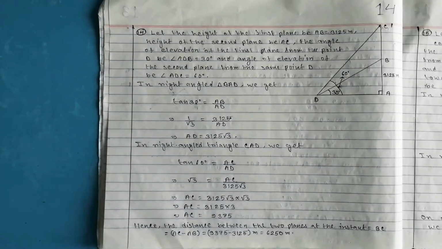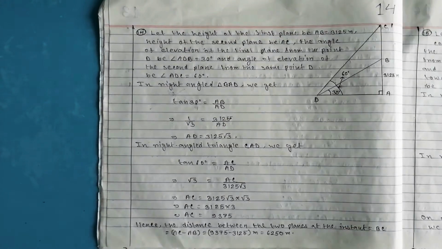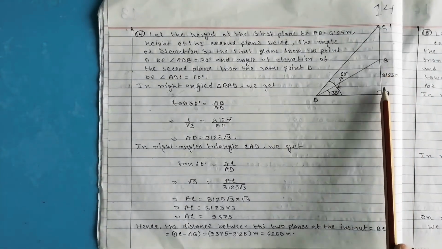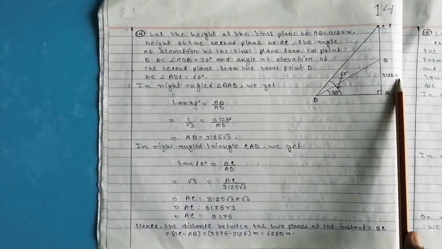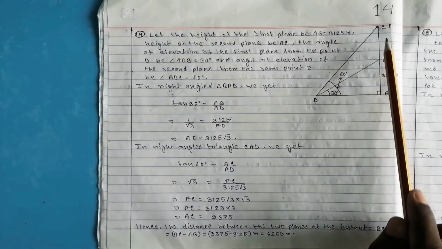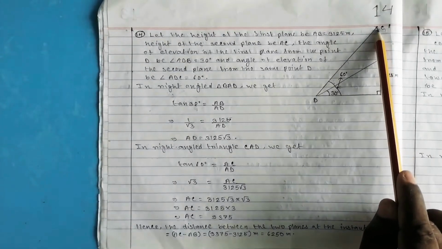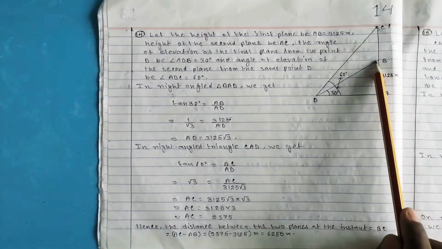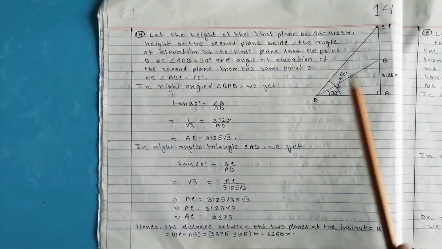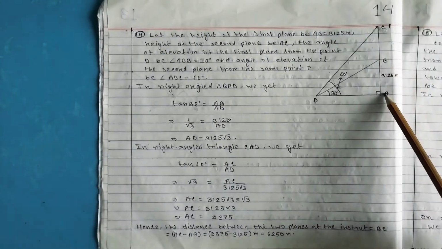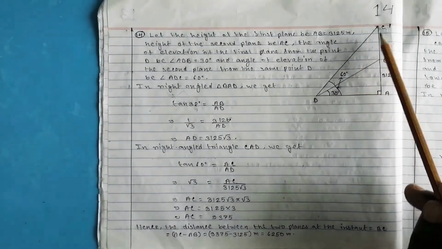Two planes are there. Suppose this is the first plane that is given, that is flying at a height of 3125 meter. This is under another plane, that is C, the second plane. B is the first plane flying under the plane C. Height of the first plane is given and the angles of elevation of these two planes are given.